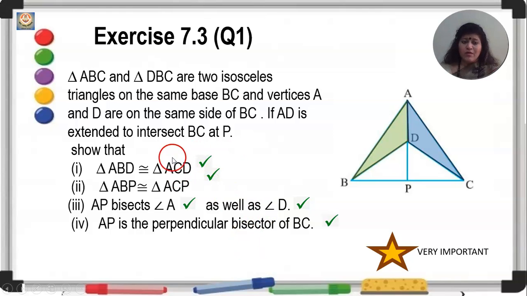So in short, all of the 4 are related. Each one is going to help the other. So let us start with question number 1, exercise 7.3. I suggest that as and when I'm explaining, you keep a rough book ready and try to understand and jot down some important points.